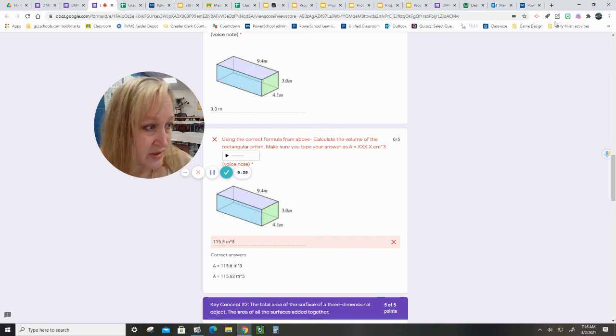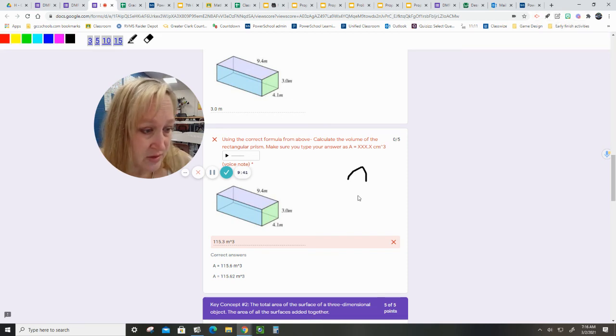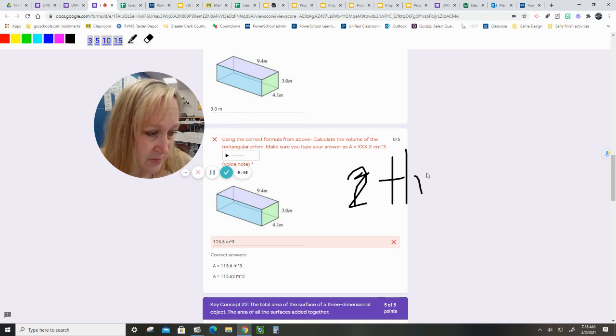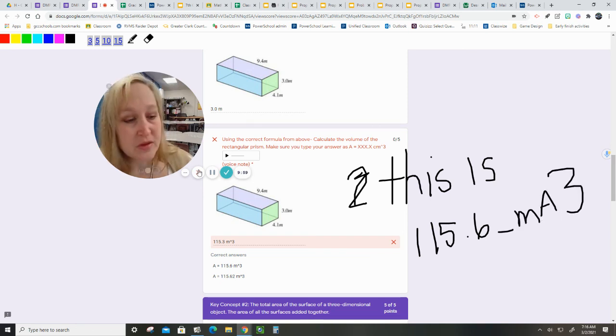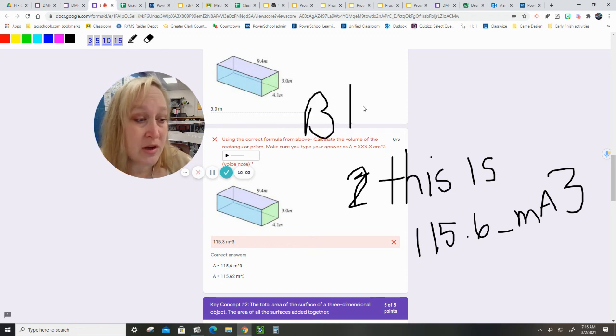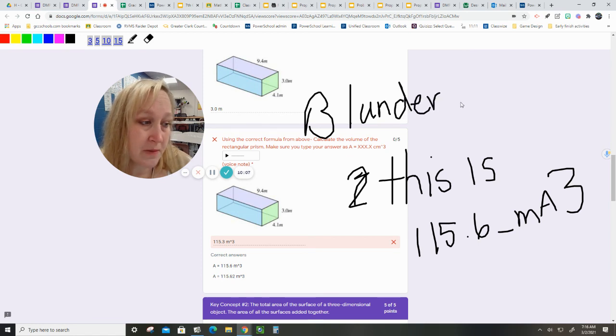So I'm going to make this in a big note. This is 115.6 meters caret to the third. So hopefully you check. Make sure that you catch it.